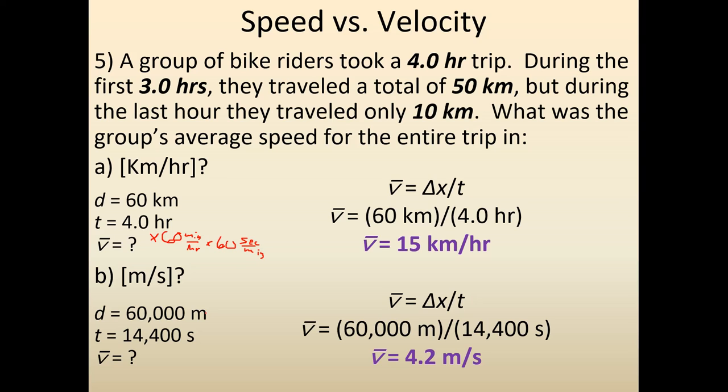Two things to note. One, to give you an idea of how fast this is, if you want to approximate these numbers into miles per hour, it turns out that if we take meters per second and multiply it by 2, we'll end up getting about the amount of miles per hour something is.